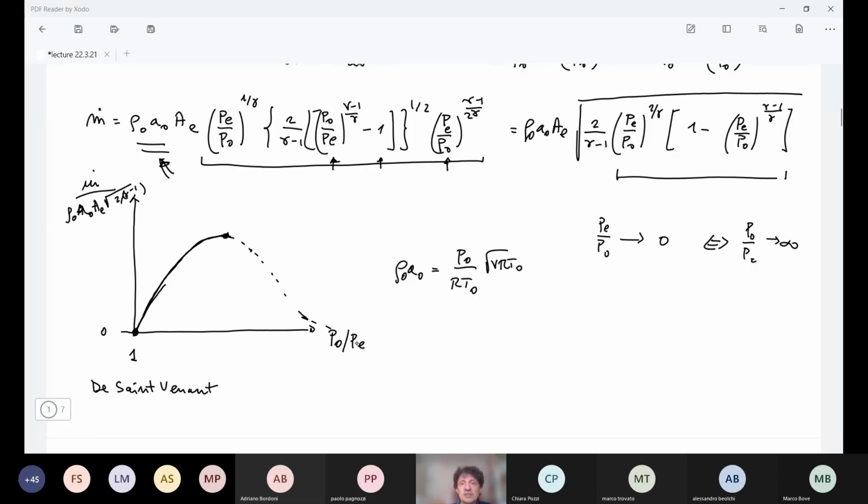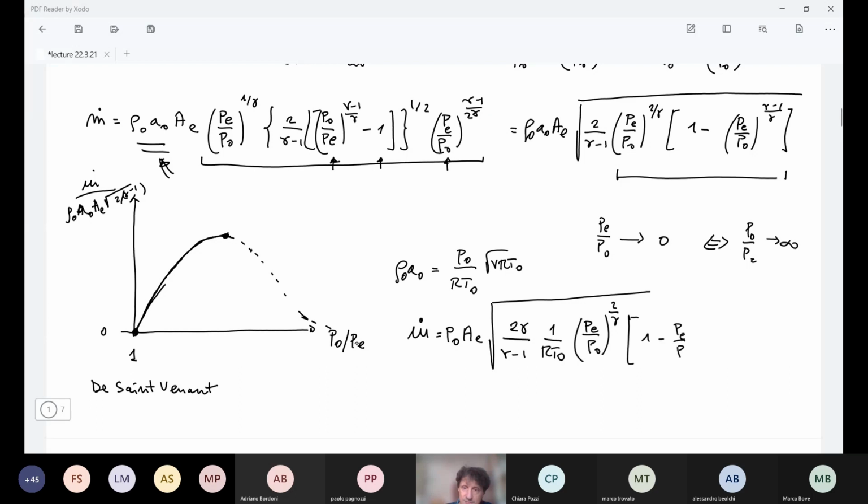So what happens is that you have gamma over square root of RT0, and so at the end you have that dot M is equal to P0 AE square root of 2 gamma over gamma minus 1 over RT0, times Pe over P0 to the 2 over gamma minus Pe over P0 to the gamma plus 1 over gamma.